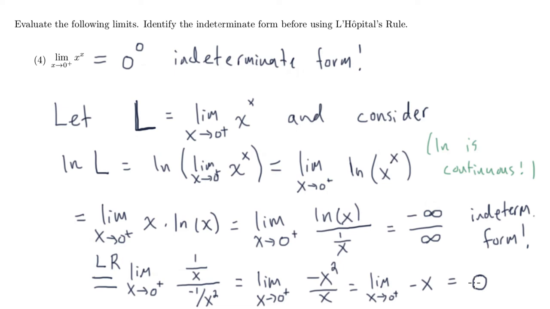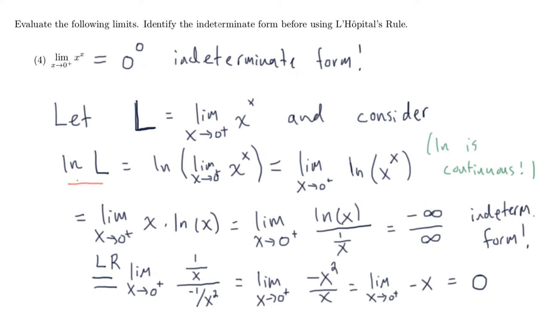Okay, so are we done? No, of course we're not done. We did not find this limit. We found the natural log of this limit. So if the natural log of the limit is 0, how do we get back the original limit? Well, we just want to use the inverse of the natural log.